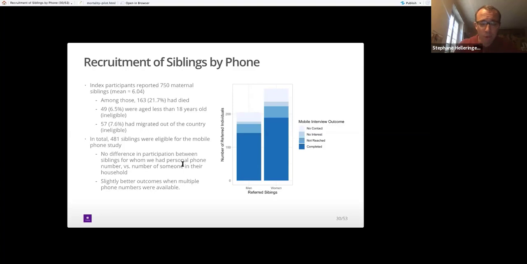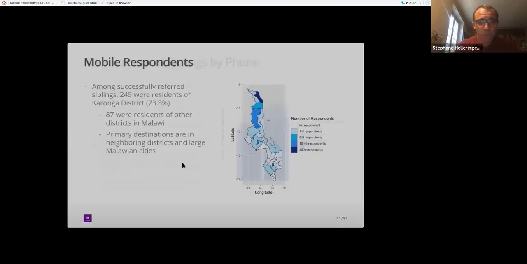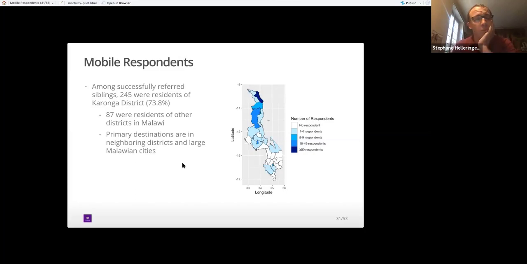And among those, we were able to reach approximately 332 of those siblings and interview them, and they had the particularity of being dispersed throughout the country. 3 out of 4 of them were within Karonga district, including within the HDSS, but we also had some in neighboring districts and in large Malawian cities.